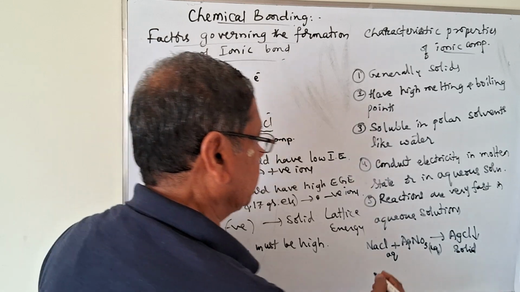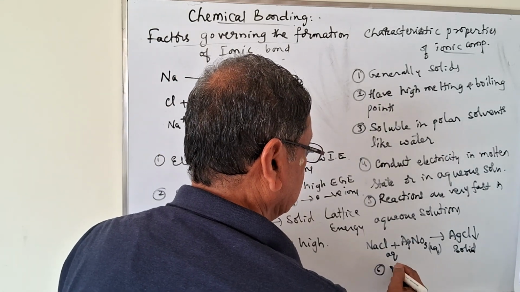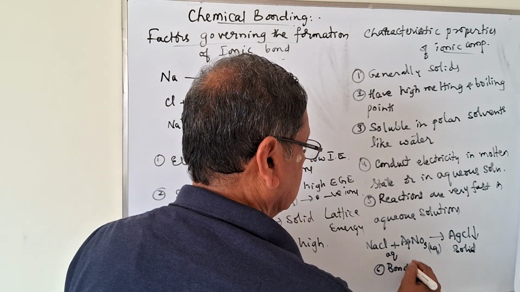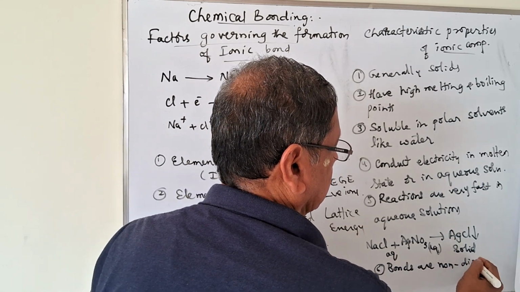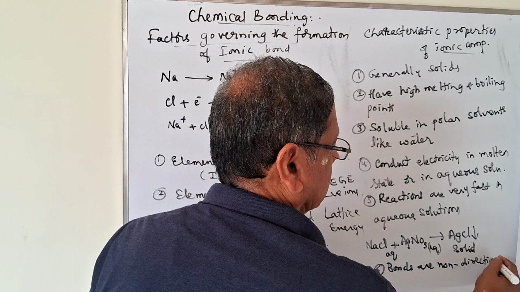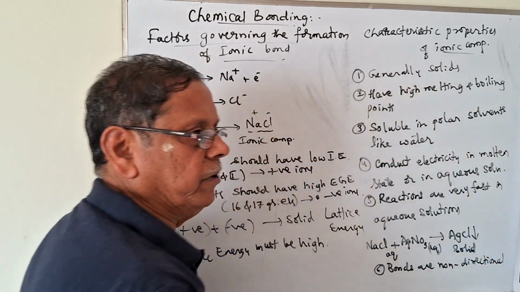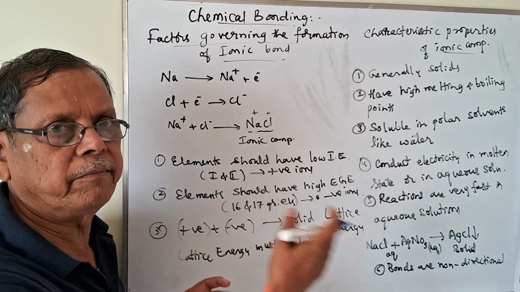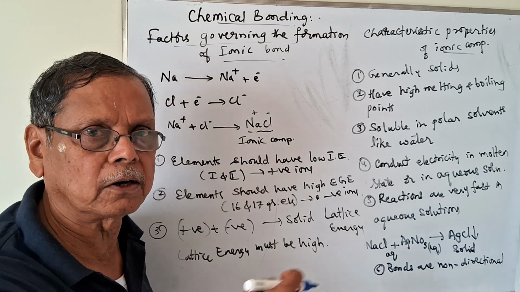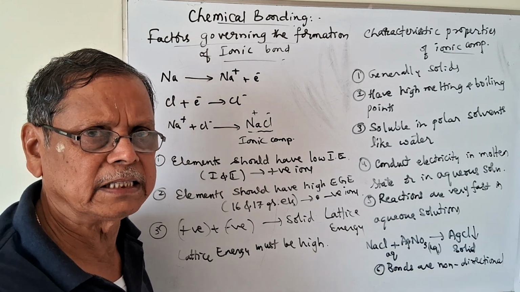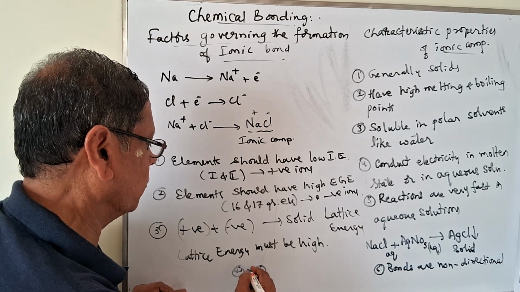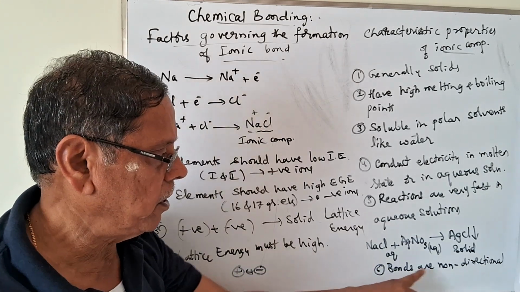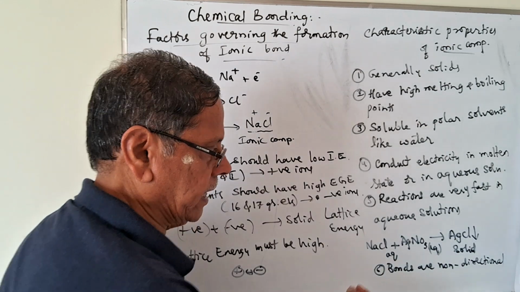The other property that we consider usually is that the bonds are non-directional. That means we cannot write the bond between the sodium and chloride ion from sodium to chlorine or chlorine to sodium. It does not exist, since the positive ion and negative ion are simply held by attractive force. The bond is non-directional.